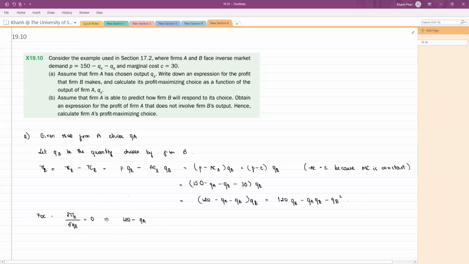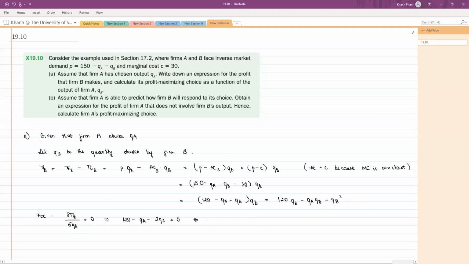This is just the quantity chosen by firm A, which is basically a constant to firm B. Firm B has no control over it. What firm B can do is choose the quantity QB, but it has no control over QA. So basically the firm is treating QA as a constant. When you differentiate with respect to QB, you get the constant in front, which is QA, and I get 2QB. I want to make that equal to 0.